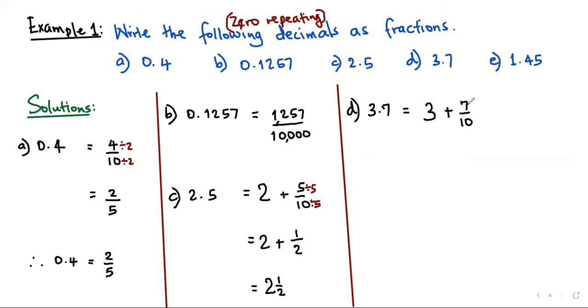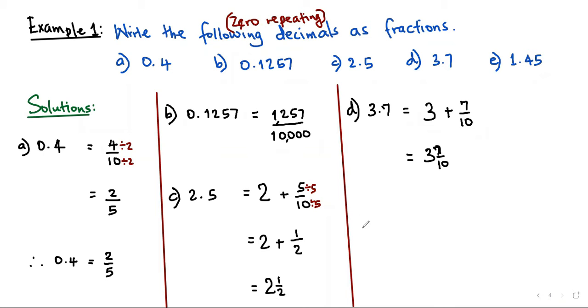Because 7 out of 10 is already in simplest form, in other words, 7 and 10 do not have a common factor to divide with in order to write it in the simplest form. So this means that 7 out of 10 is already in simplest form. So our final answer will be 3 and 7 out of 10.